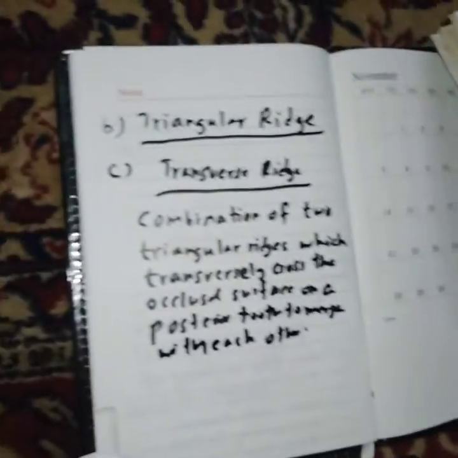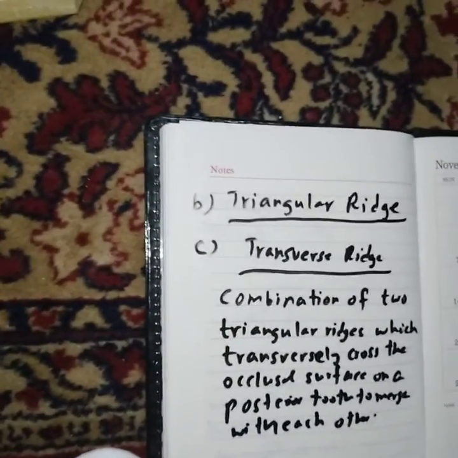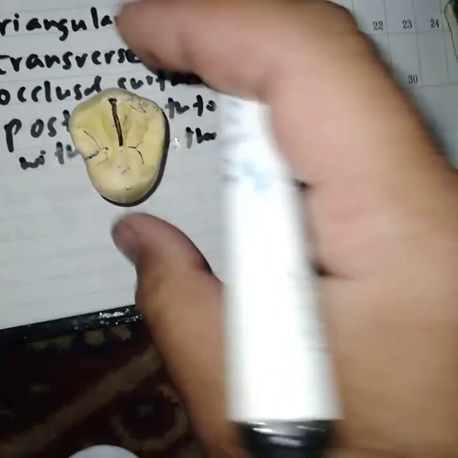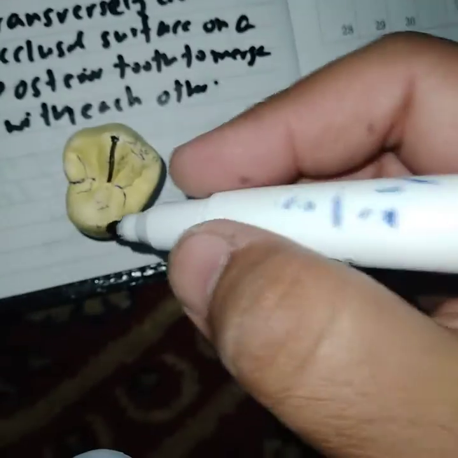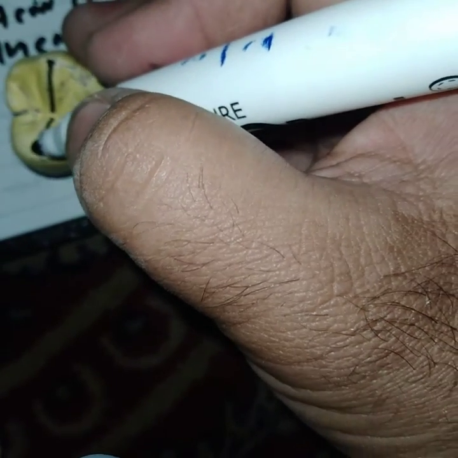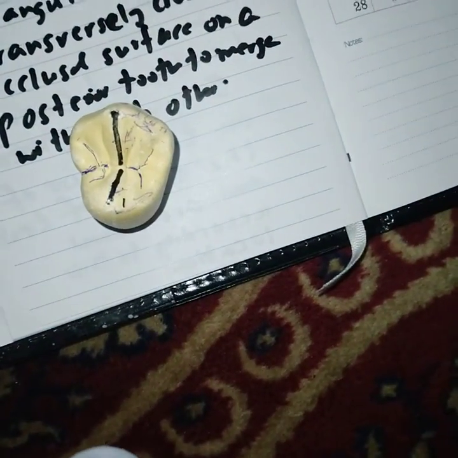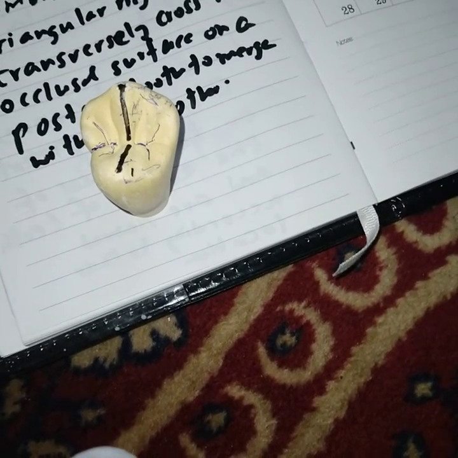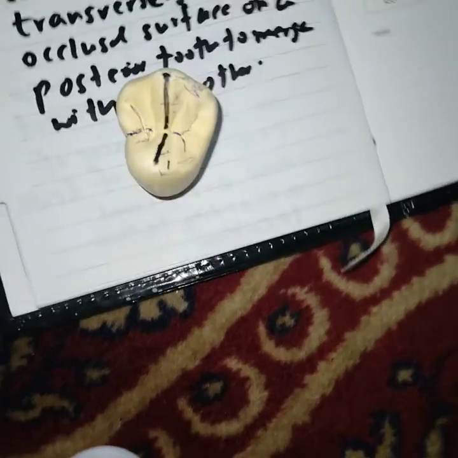It's called a transverse ridge. So this is a triangular ridge and this one is also triangular ridge. When these two cross the occlusal surface to merge each other, this becomes a transverse ridge. Understand?